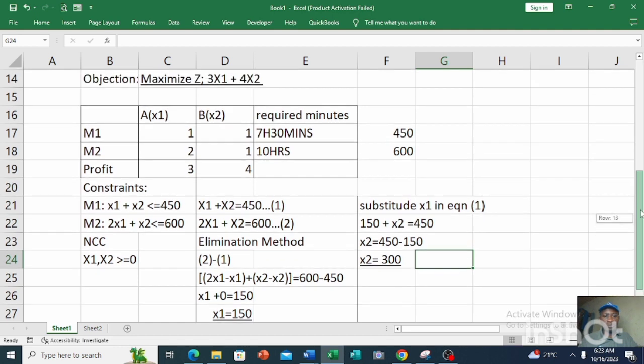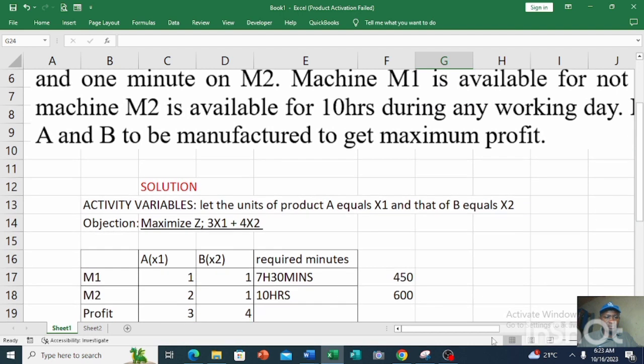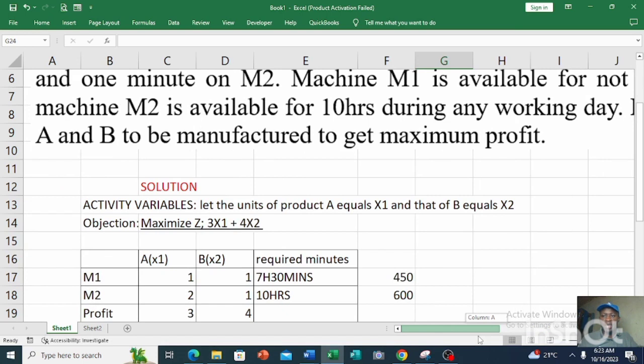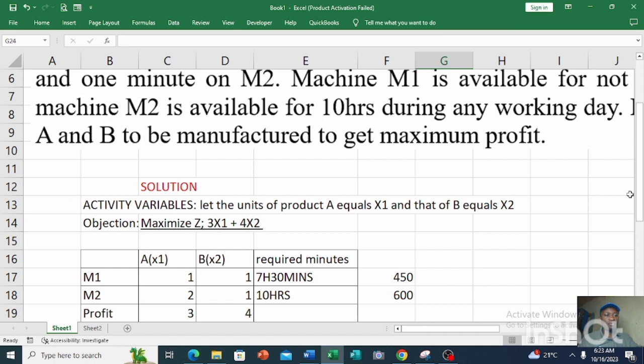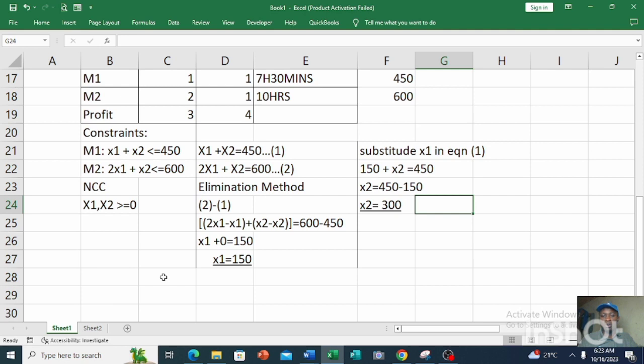Alright, so what was the question saying? Find the number of units of products A and B to be manufactured to get the maximum profit. So all these are answers, please, they're in units. X1 is already representing the units.